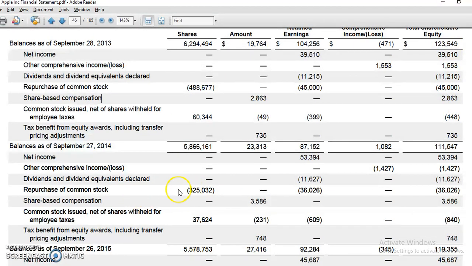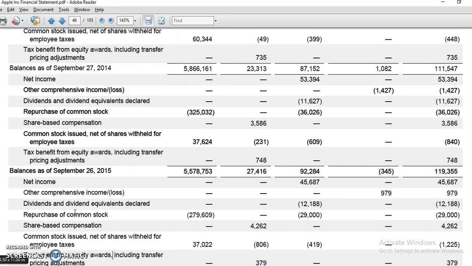Not so complicated. Now in Apple, you can see they are repurchasing some of their own shares, probably out of the bonus, so that they are reducing the share capital base to increase the value for the remaining shareholders.